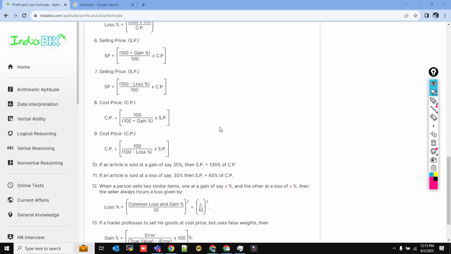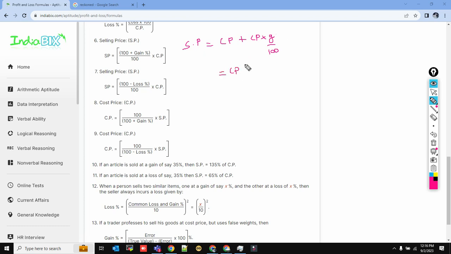Okay, now if you are given the gain percentage, how to calculate the selling price, right? So your selling price will be your cost price plus cost price into gain percentage, which is gain divided by 100, right?